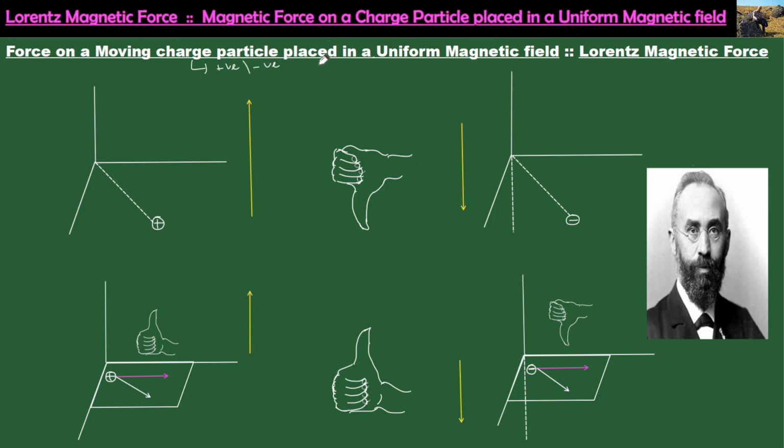If we go into the microscopic phenomena, protons are those particles which are positively charged, and electrons are those charged particles which are negatively charged. These are the types of charges which we will discuss.